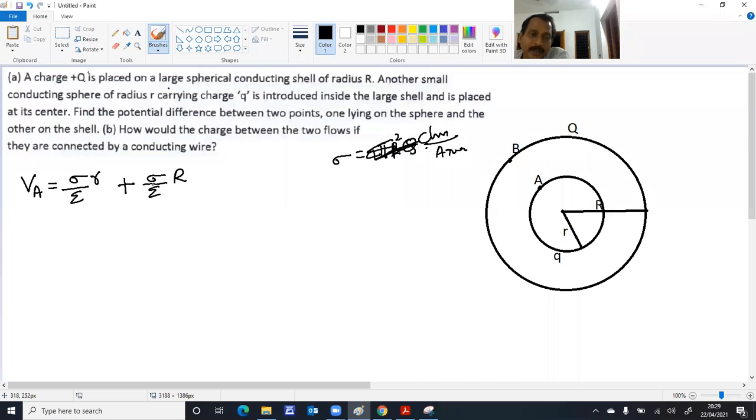They didn't give sigma here, so we can't use sigma. This will be a longer method, so it's better to use the other formula. It's fine, what you said is not wrong.